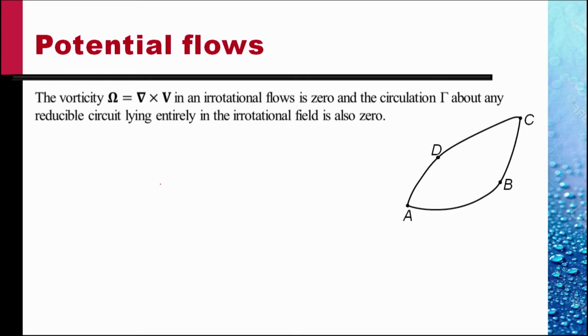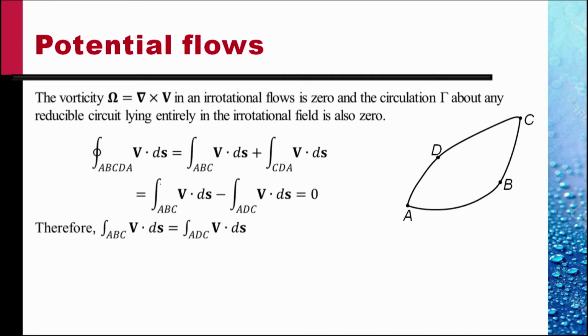Let us consider a circuit as shown. The integral of v dot ds over this circuit A, B, C, D, A going around counterclockwise is the integral of v dot ds over the arm ABC plus the integral over the arm CDA.